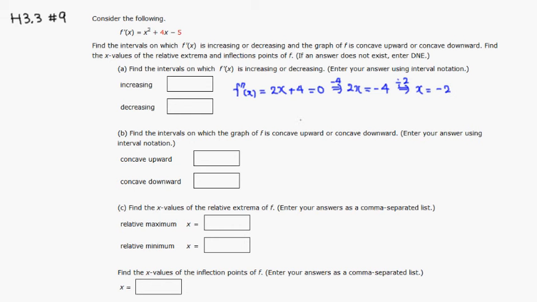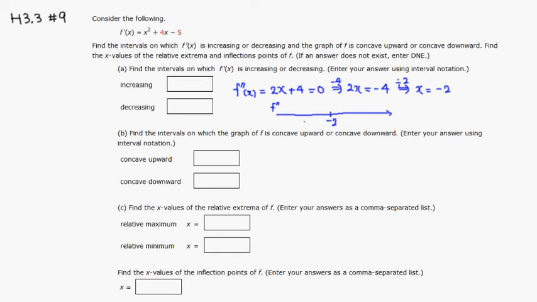Then we can just look at the sign of the second derivative. So we look at the sign of this guy, and when x equals negative 2, I'll put that here. We're going to examine the sign.